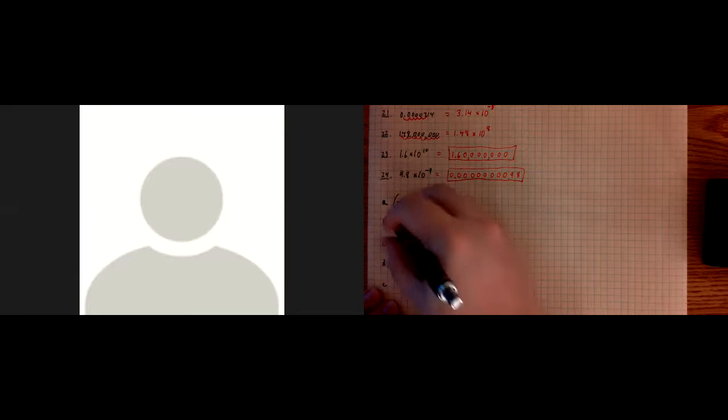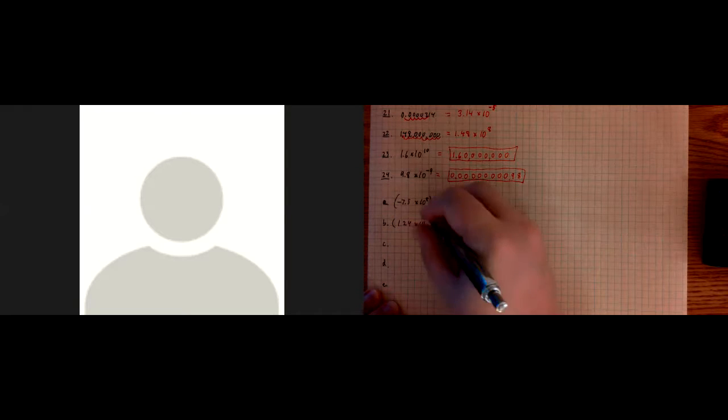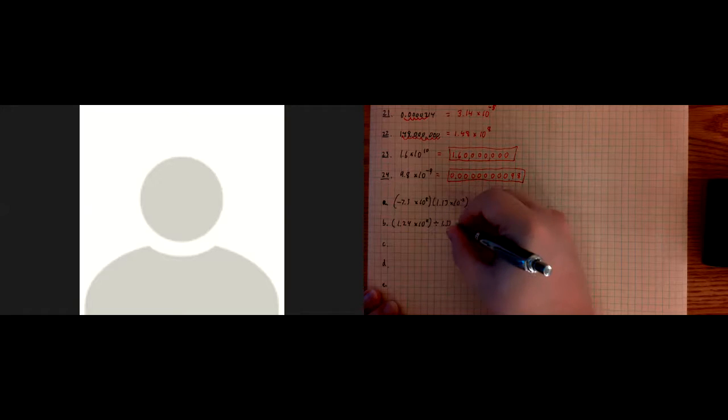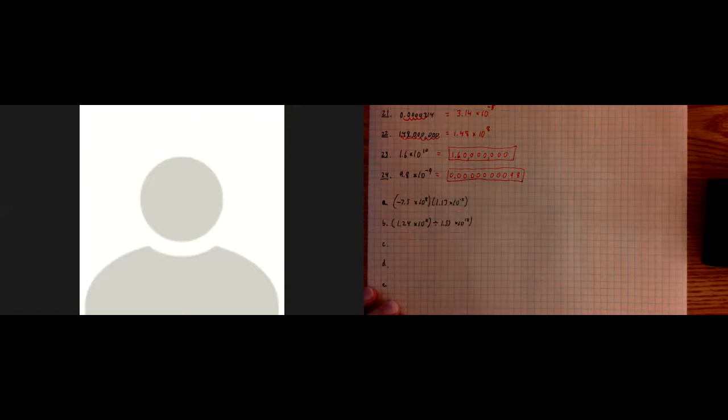For B, we have 1.24 times 10 to the 11th divided by 1.55 times 10 to the 18th. For C, I have 3.72 times 10 to the 9th times 8 times 10 to the 3rd.